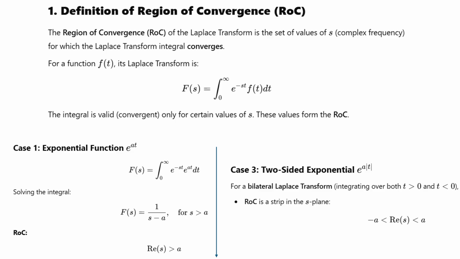For the two-sided case, if the function is e to the power a times modulus of t, the function will be e to the power minus a t and e to the power plus a t. In that case, the region of convergence will be between minus a and a.